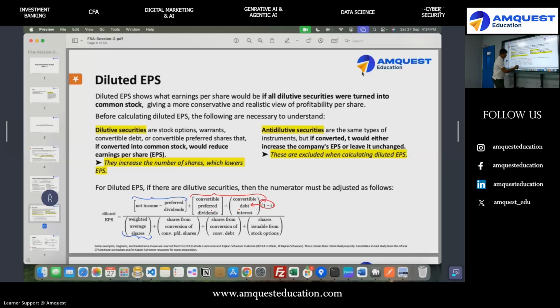And the shares that you are going to get from convertible preference shares and debentures are going to be added. So connect the dots. This and this. Earlier it was this and this. Now you add this, this, this, and this.